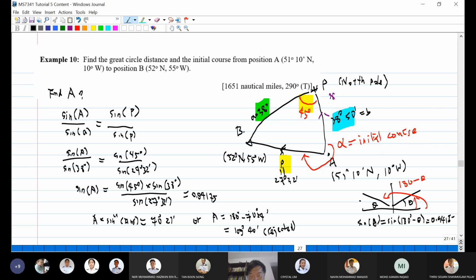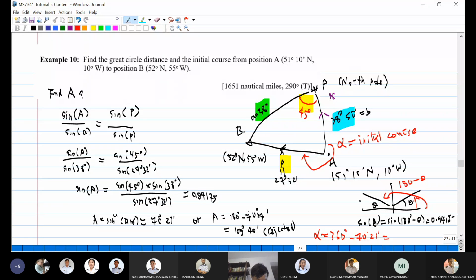So what is alpha now? Alpha in this case is 360, one round, minus 70 degrees 21 minutes here. Looking at the answer, it should be 290, right?